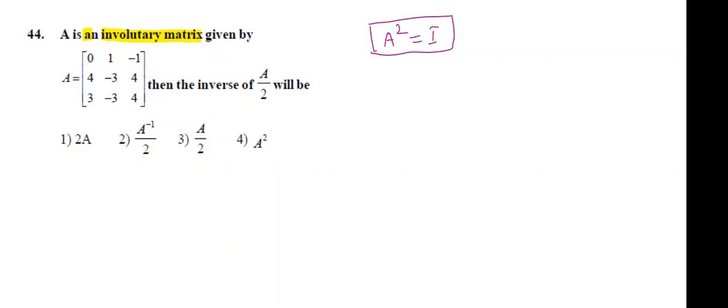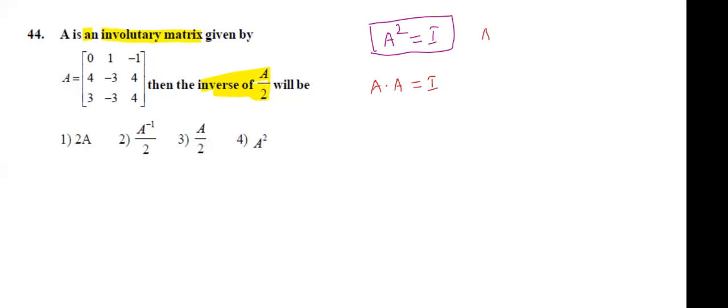Then A is given. They are asking for the inverse of A by 2. When is that possible? So here A square means I am writing A into A is equal to I.